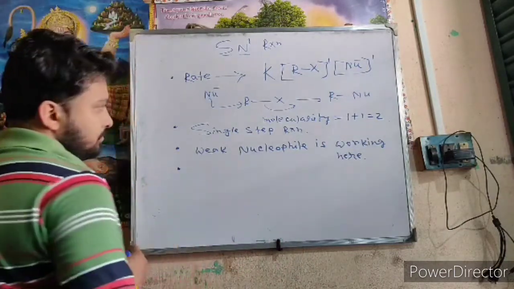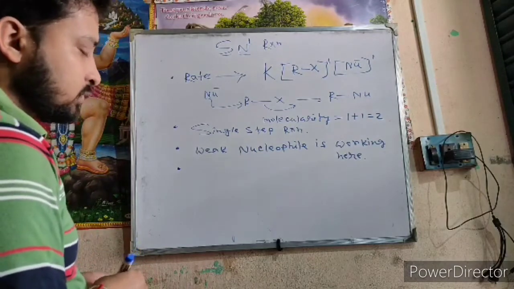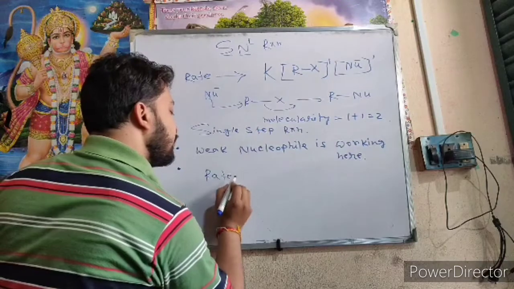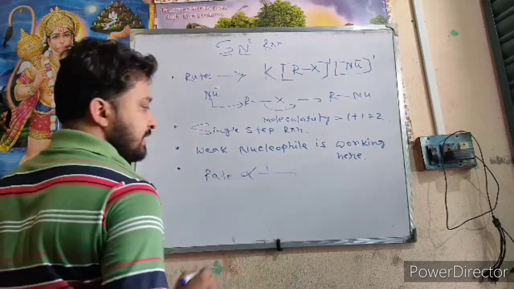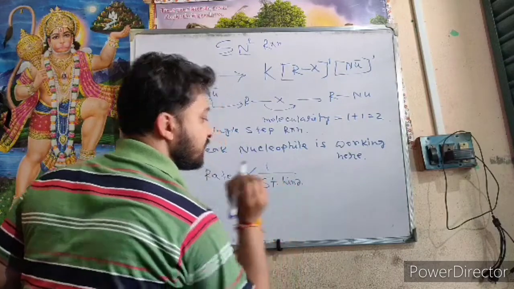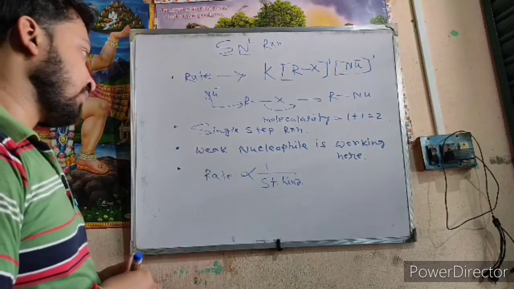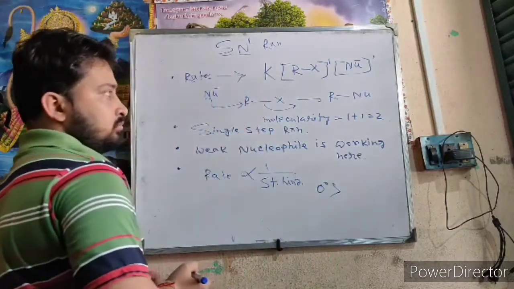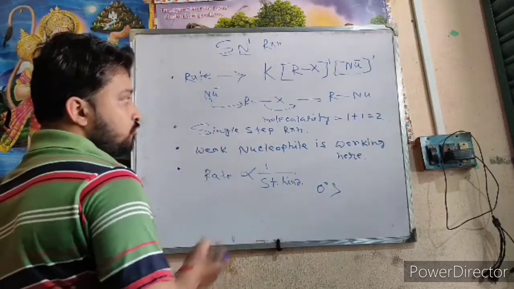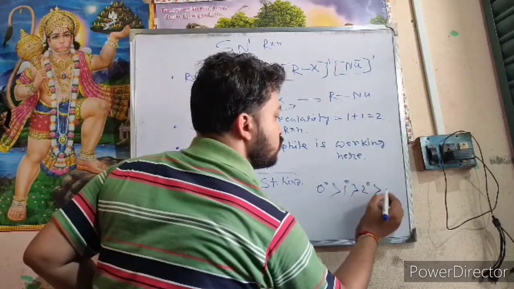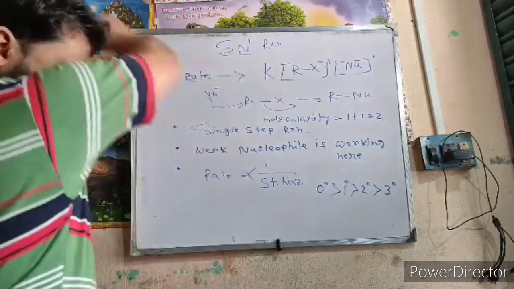And the third point is the rate of this reaction. The rate of the reaction is inversely proportional to the steric hindrance. Steric hindrance means, 0 degree is good for this SN2 reaction compared to 1, 2 and 3.